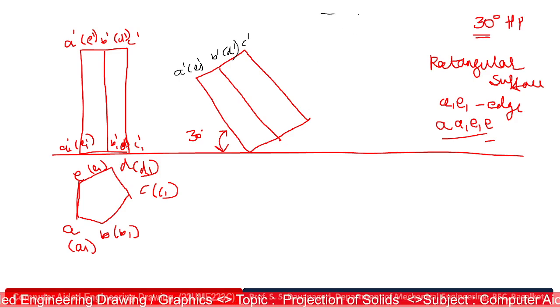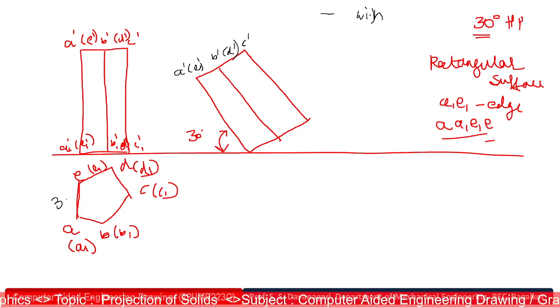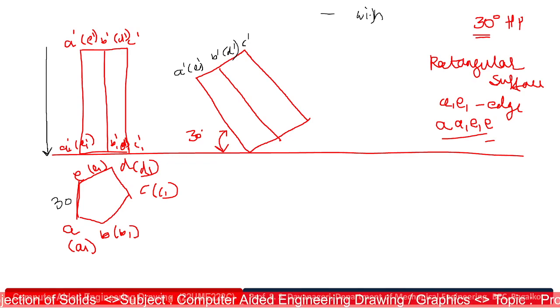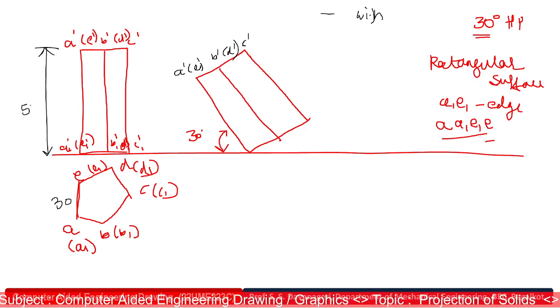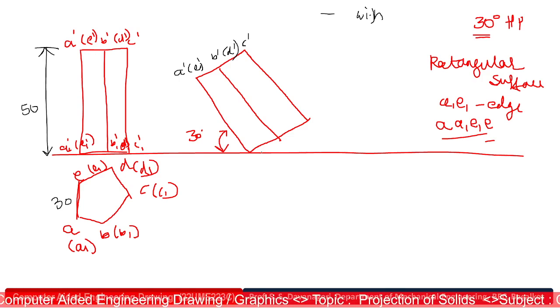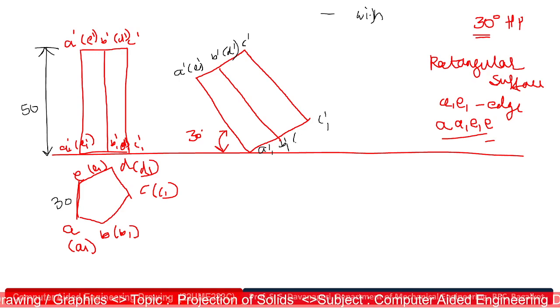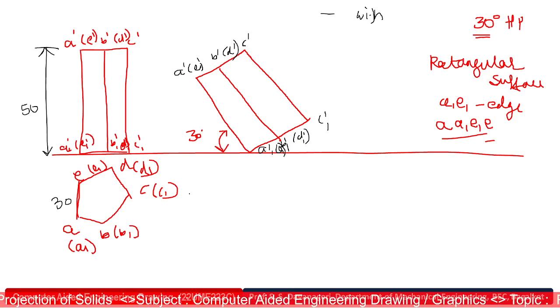So do it with scale. The base edge is 30 mm, so the height is 50 mm. Here also you mark A1 dash, B1 dash, C1 dash, D1 dash, E1 dash.